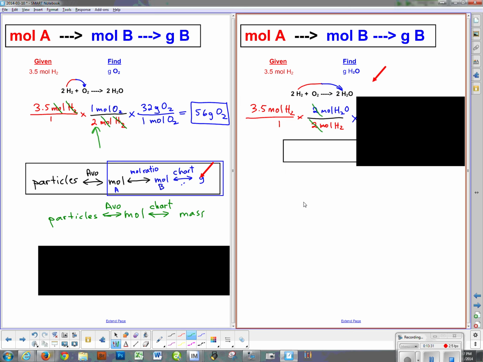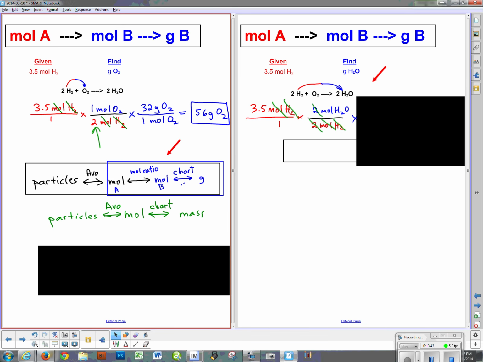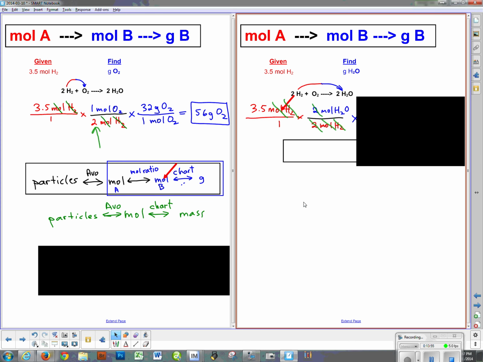On the right-hand side, moles again can cancel, hydrogen can cancel, and now we're at moles of H2, which puts us right here, moles of B. Yeah? We changed moles of A to moles of B. That's what we did with these two fractions.